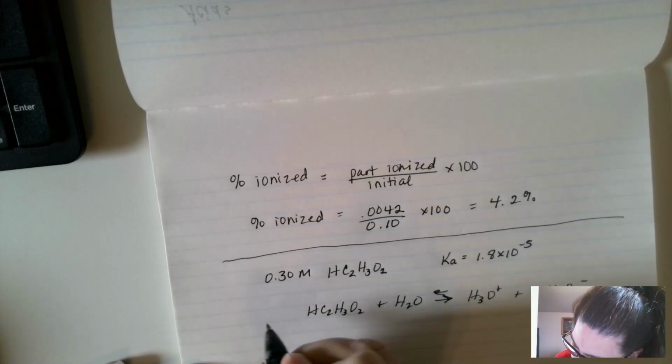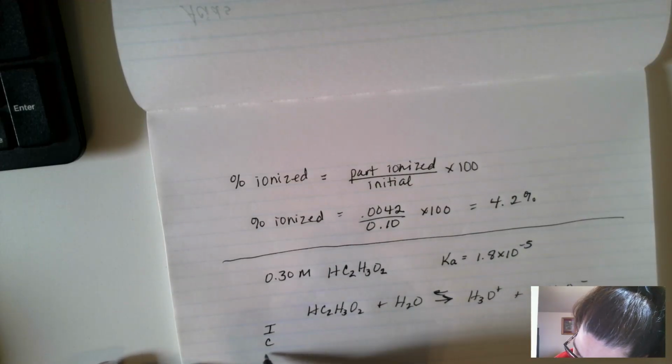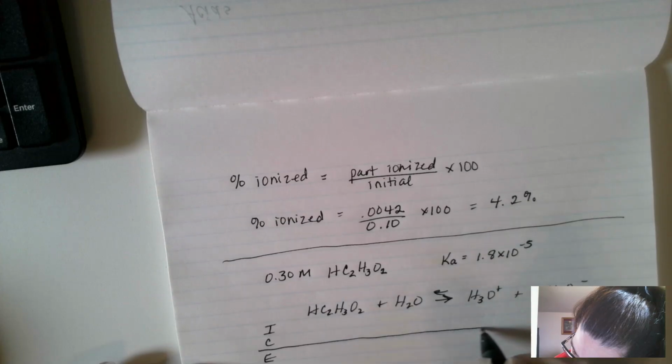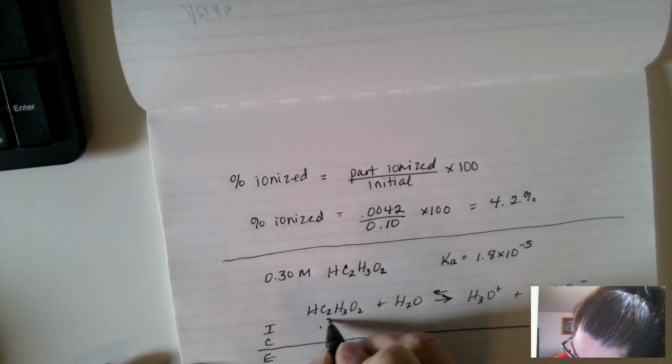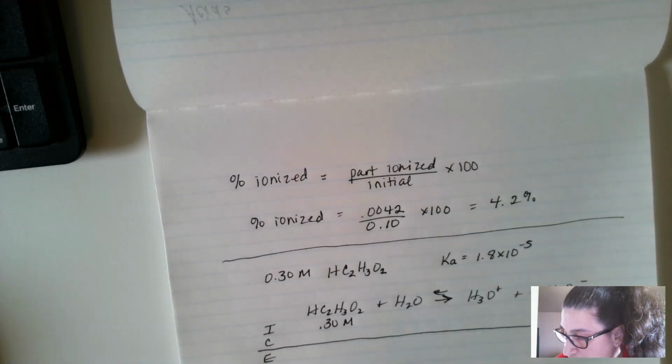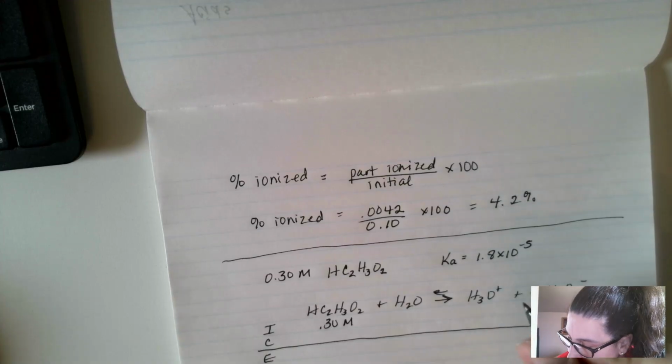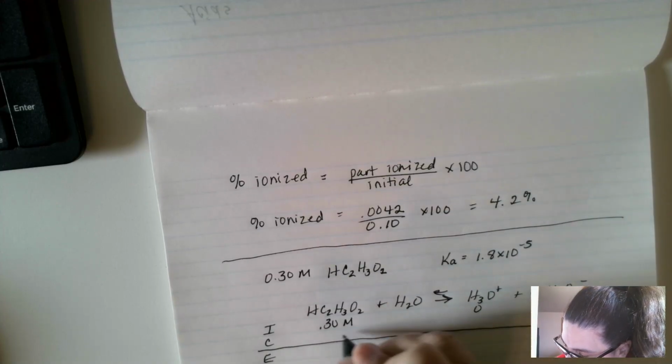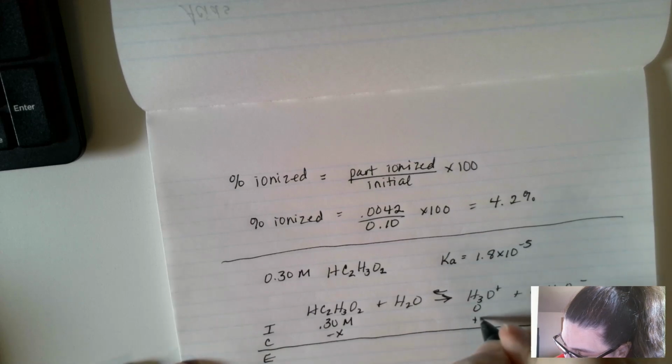Alright, and this is a weak acid. So 0.30 molar. And this time I wasn't given my pH, so I don't know how much ionizes. So I'm going to say X ionizes.